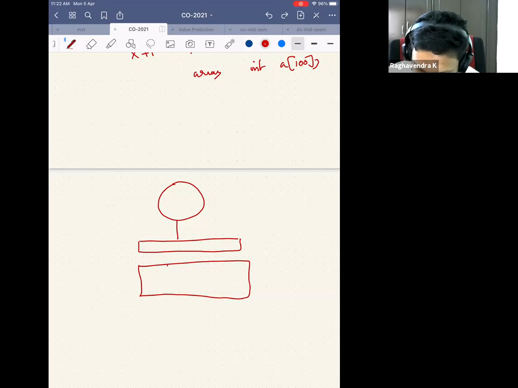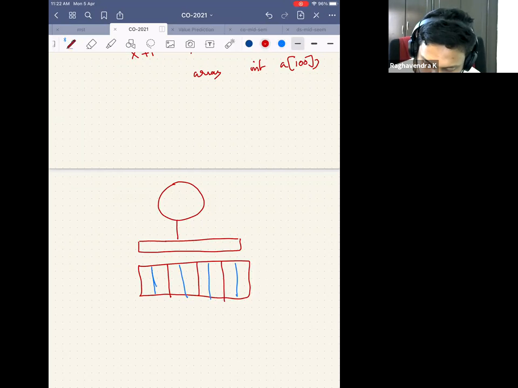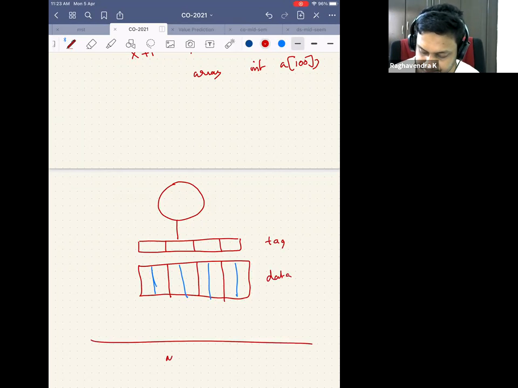So I will have 4 locations, each with its own bytes, and I need to have only 4 tags. So this is tag, this is data, and this is main memory.